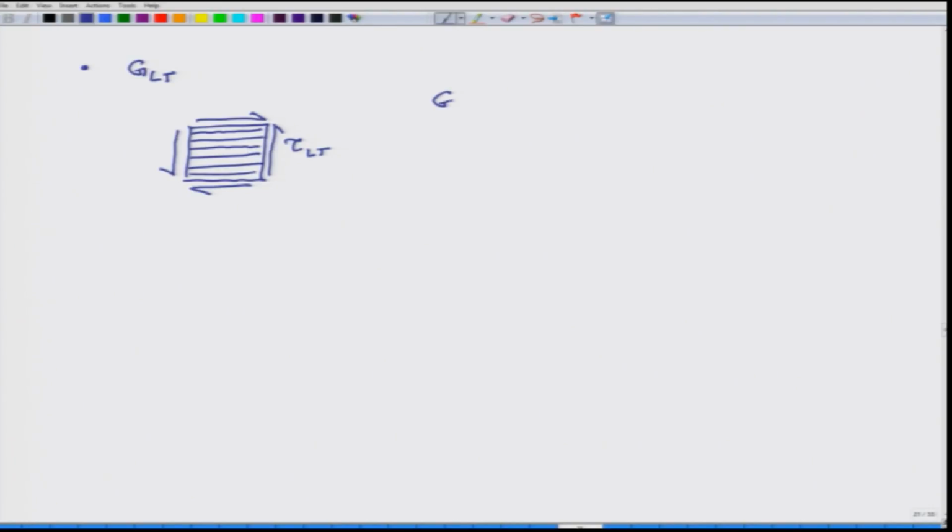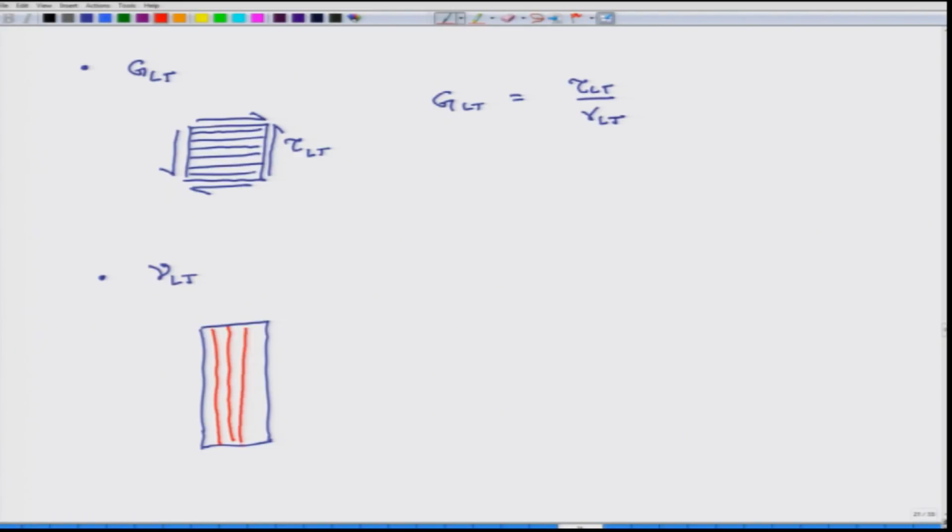So, G LT is equal to tau LT divided by the engineering shear strain. And the last engineering constant is Poisson's ratio nu LT. So, what do you do to measure it? You take a tensile test specimen. Here the fibers are running in the loading direction.